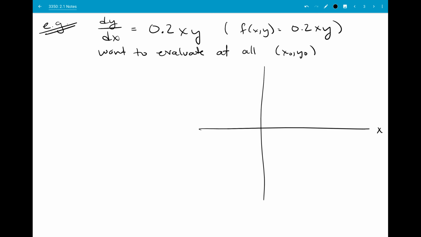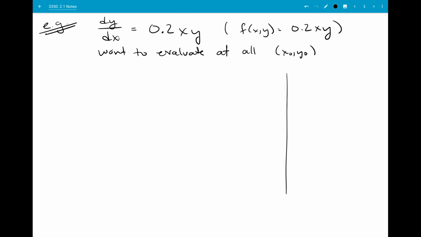So I'm going to have this xy plane. There's all these points x0, y0, everywhere where I want to know what the slope does. And so to populate this field, let's try to make that a little bit straighter, I guess. There we go. That's as good as it's getting.